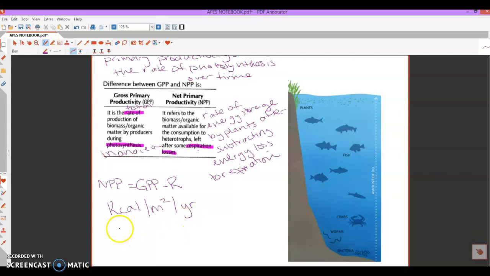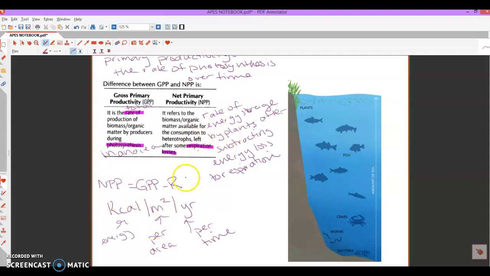Okay, so this is showing you energy per area per time. So that is the unit for measuring NPP.